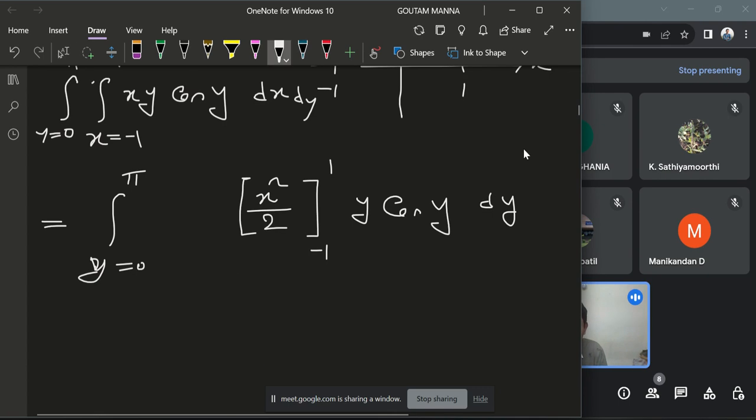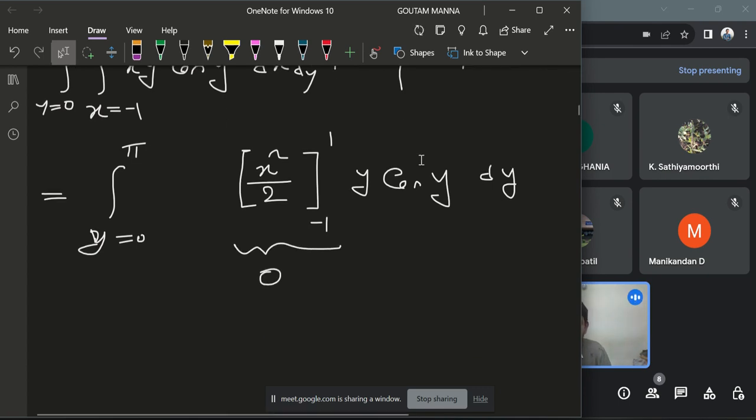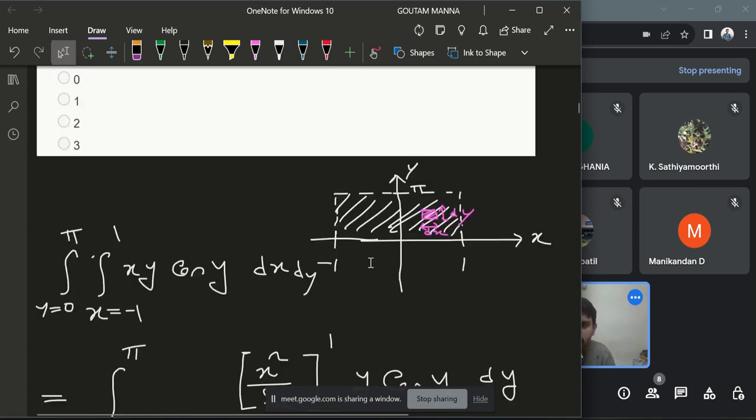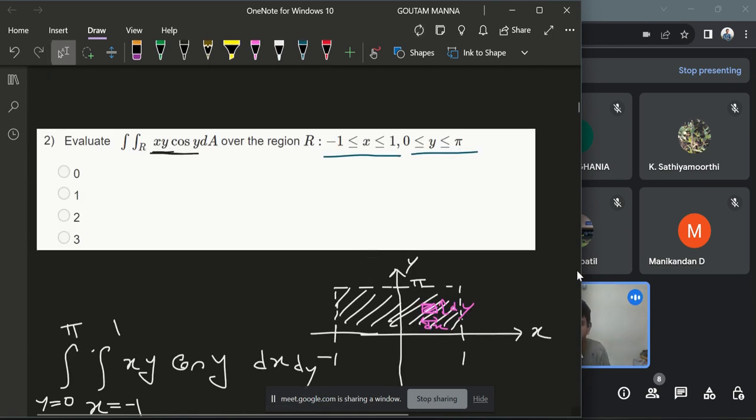If you put the limits in this term, it will be half minus half, so it is 0. 0 times the entire thing will also be 0. So the value of this integral is 0. First option.